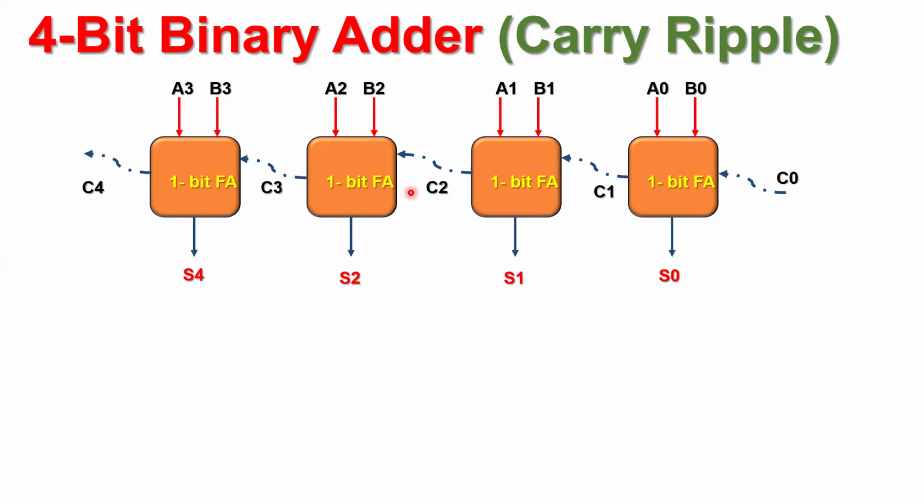It is also possible that you have 8-bit binary adder, 16-bit binary adder, 32-bit carry ripple or ripple carry adder, 64-bit, 128-bit, and so on.